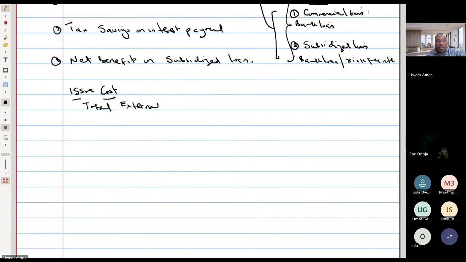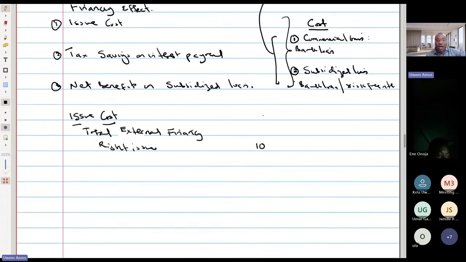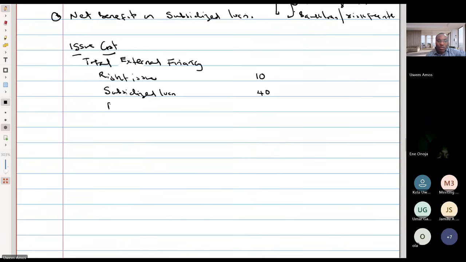We have the right issue at 10, the subsidized loan at 40, and the bank loan at 50, a total of 100. Our issue cost is 2%.